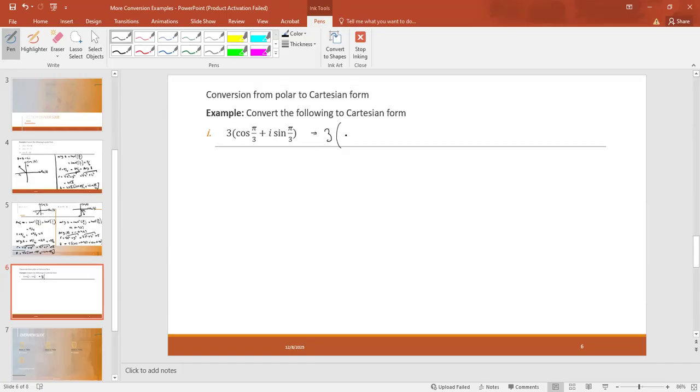Use a calculator, put it in radians and convert. We're going to have a half here plus i times sine of pi over 3, which is the square root of 3 over 2. You multiply all through by 3, you're going to have 3 over 2 plus 3 square root of 3 over 2 i. As simple as that.